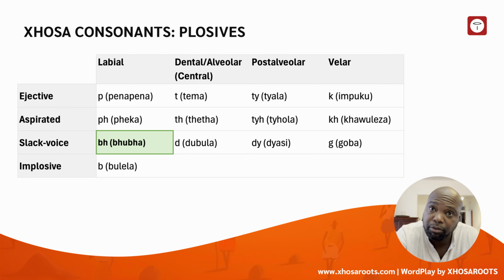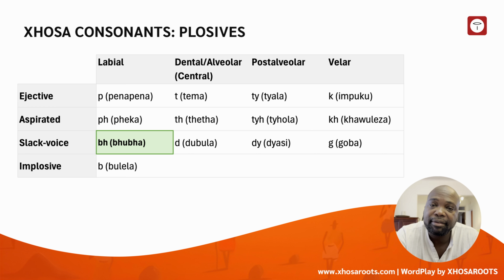And then we have the slack voice. Again, slack voice, sort of like a bass version, so to speak, if you want to visualize it. I don't know if you can visualize sounds, but to understand it better, it's almost like adding bass to that, like a slack voice. It's a b, as in booba, die or pass away.